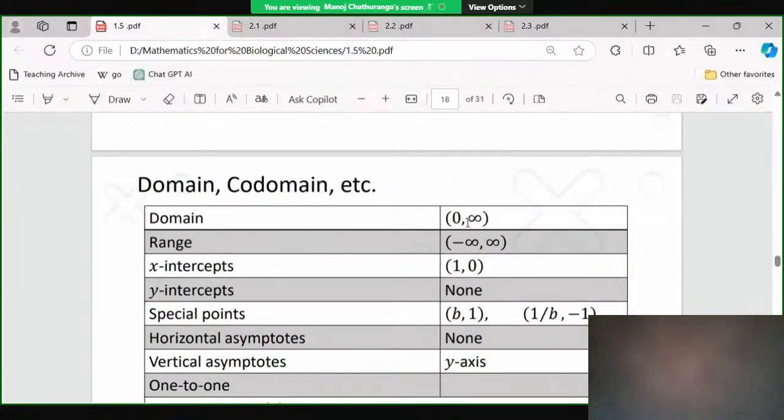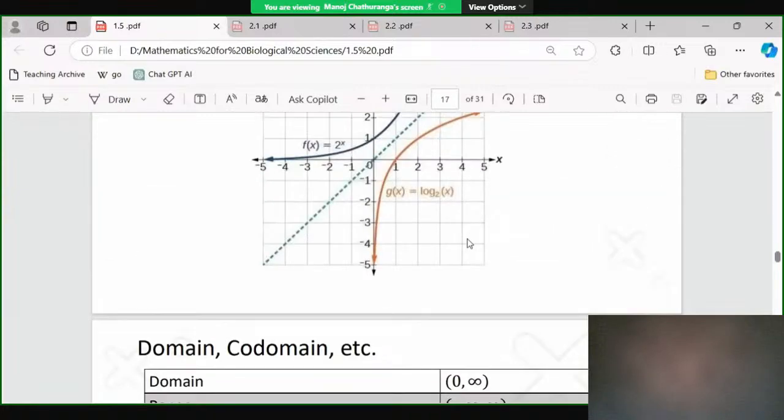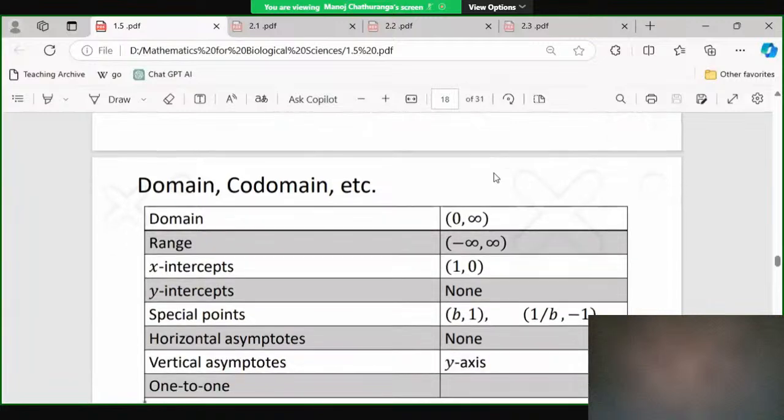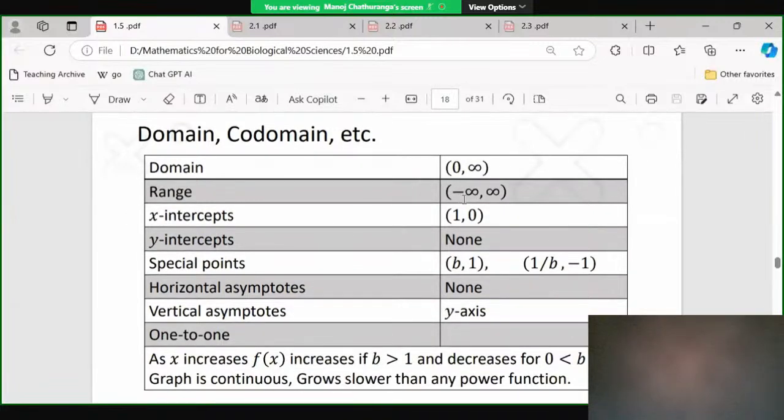And the range: if you think about this graph, for any horizontal line, that means for any y value, you have a corresponding point on the graph. So the range is minus infinity to plus infinity. We don't have a y-intercept, but there is a single x-intercept.